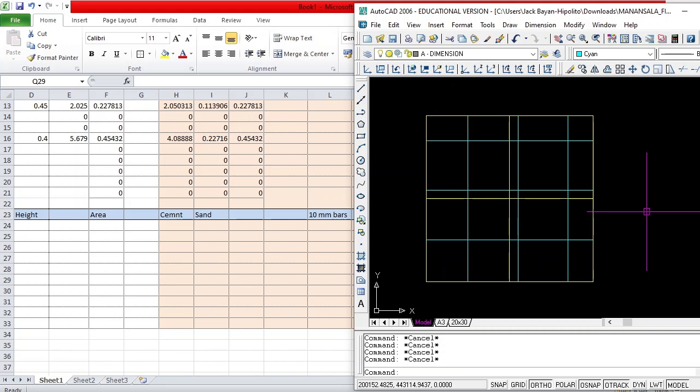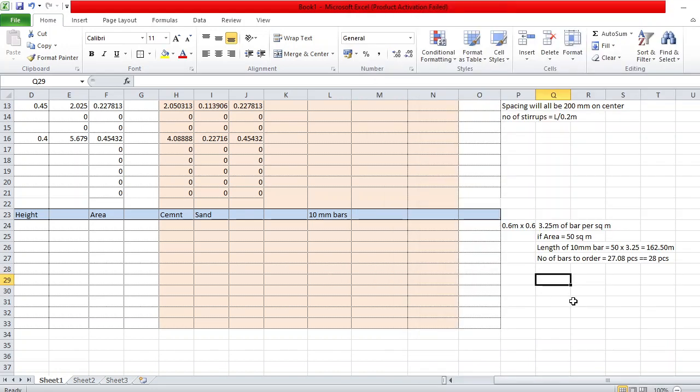So, there will be 9 intersections for our 4 square meter wall, di ba? 9 divided by 4, there will be 2.25 intersections per square meter.